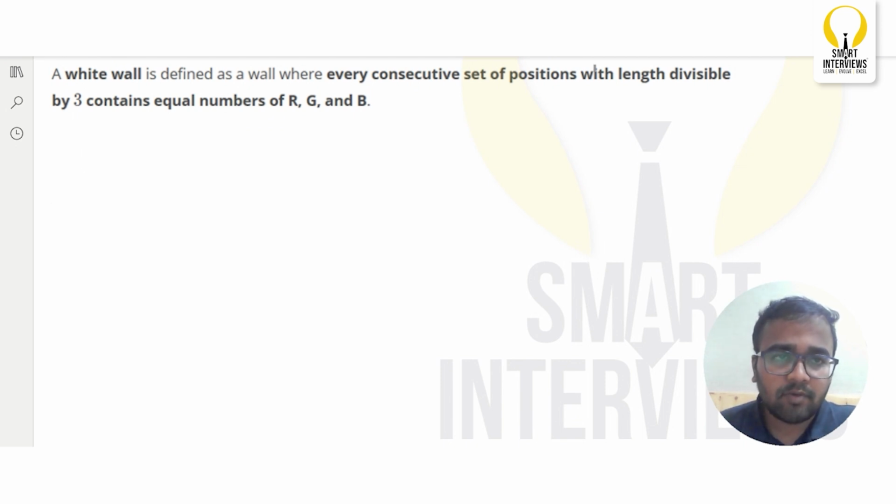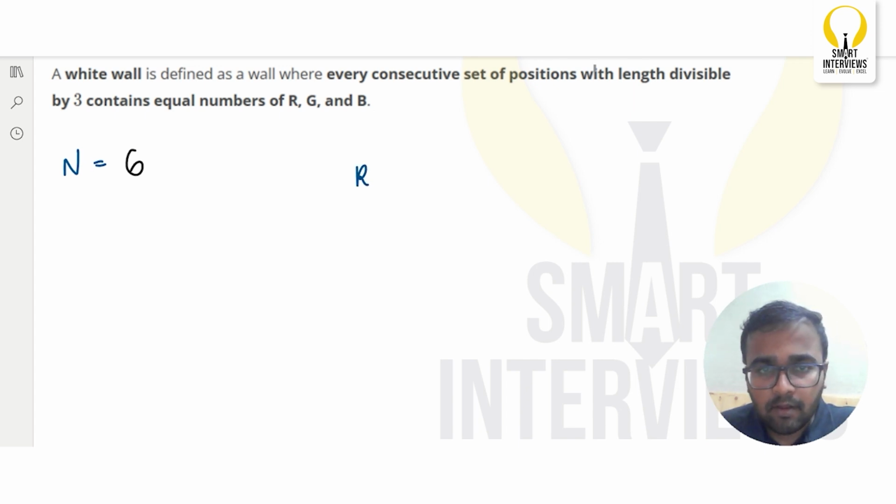To understand the solution of this problem, you need to understand a pattern. Let us take the value of the string size n is equal to 6. Now for a string of size 6 to become a white wall, it should follow a pattern. The pattern can be R, G, B and R, G and B. If you observe, this pattern should be repeated in the given string.